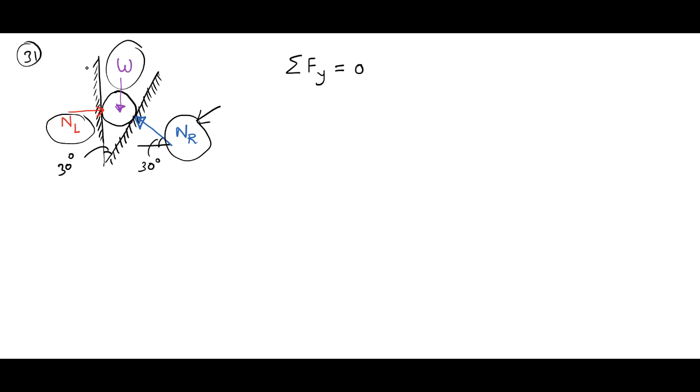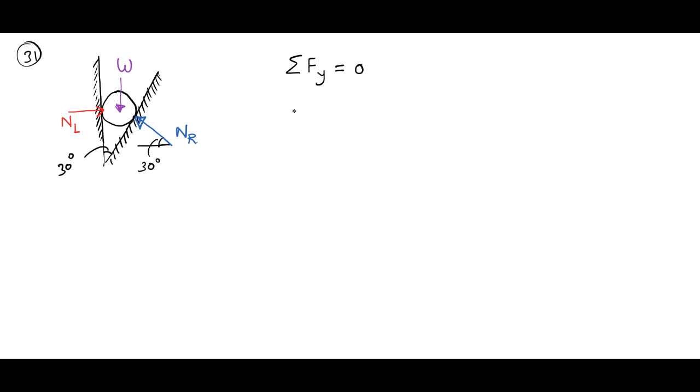W will appear, of course, and therefore I get the value of NR directly in one step. The equation itself involves W and NR. That's the advantage of writing the sigma Fy equation first, although you can do it by sigma Fx equal to 0 first. The only thing is you will have to write the second equation, sigma Fy equal to 0, after that, and then solve them simultaneously.